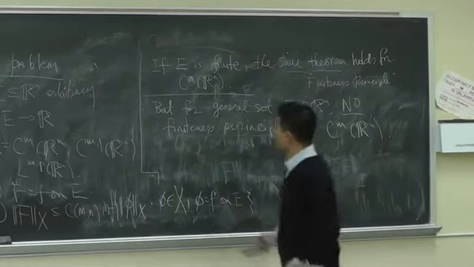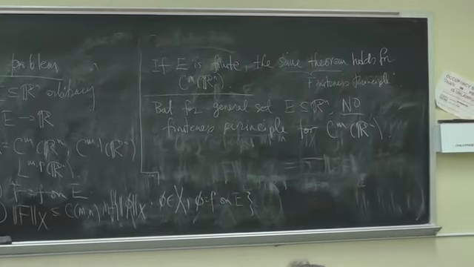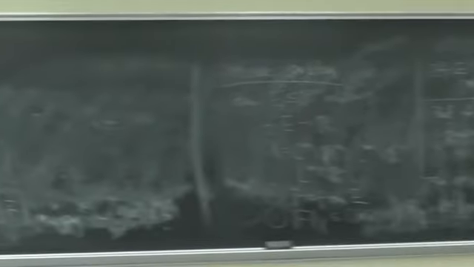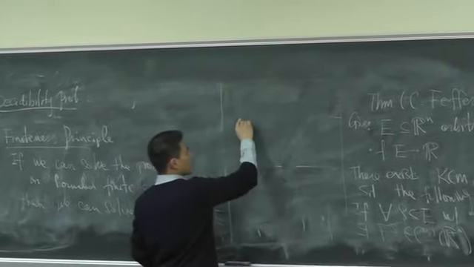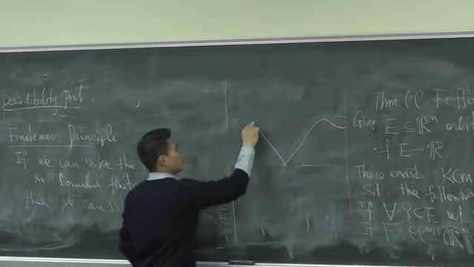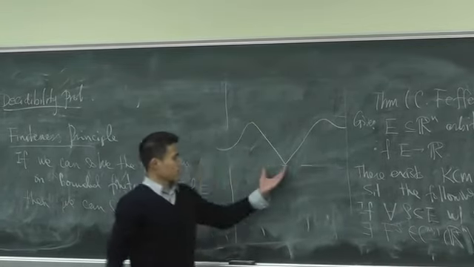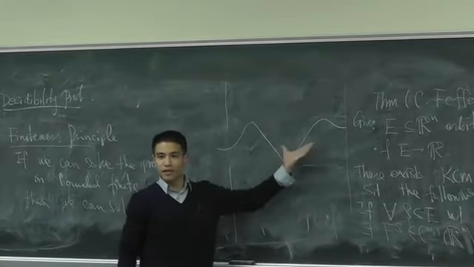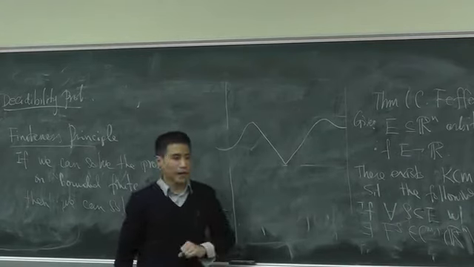So how do you see that? It's because there exist Lipschitz functions that are not differentiable. Exactly. Let's look at the following function: the absolute value function outside of a bounded smooth region.